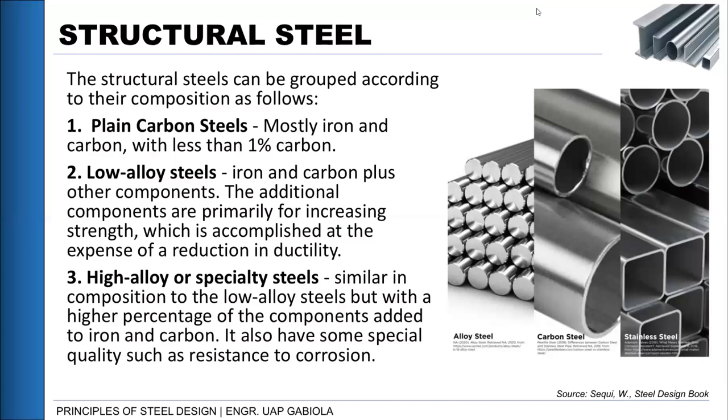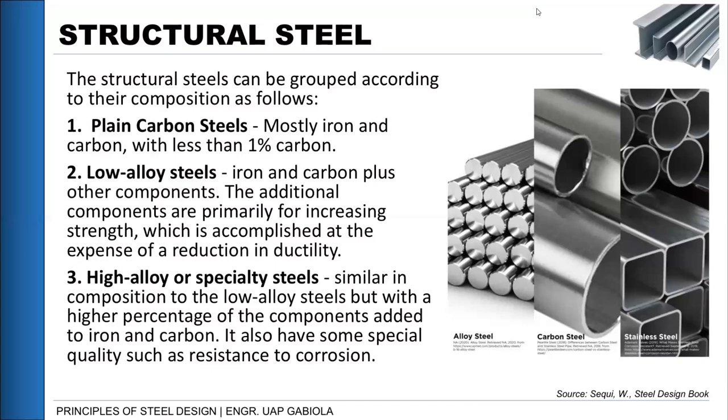Pero pagdami ng percentage ng iron and carbon, anong nangyayari sa material natin? Our material tends to be more expensive kasi these elements are more expensive, and this type of steel are usually for special applications only. Kaya specialty steels yung tawag sa kanya. Okay?